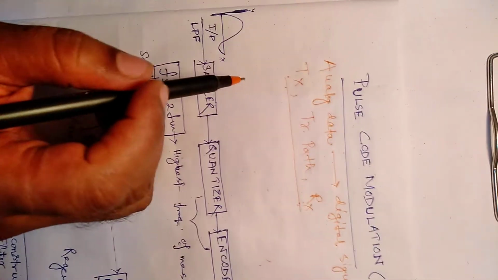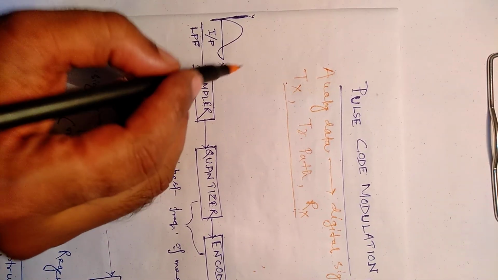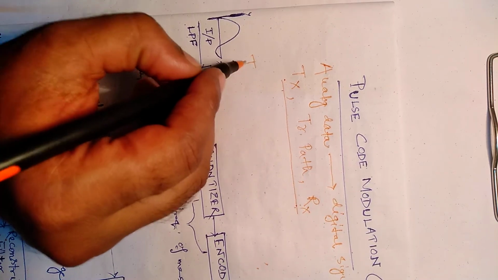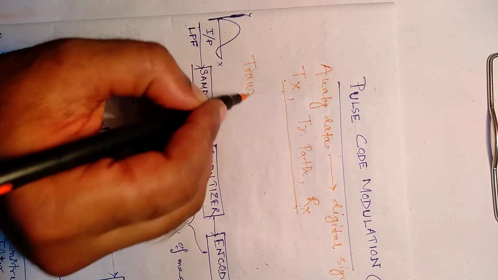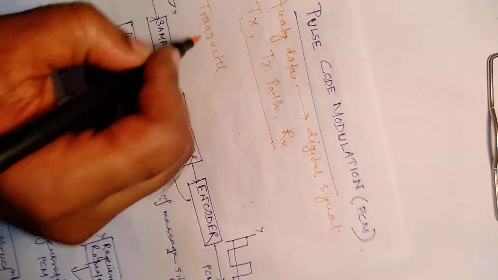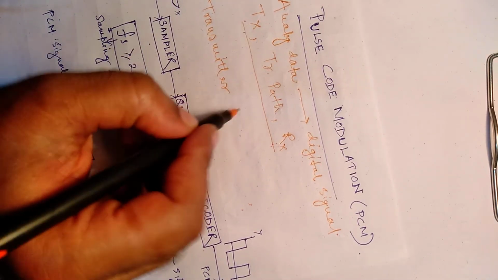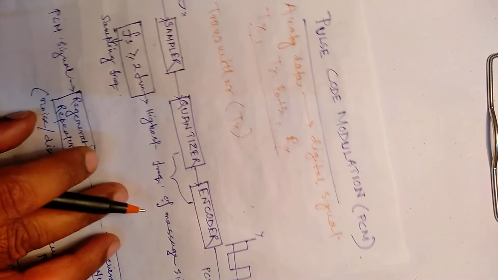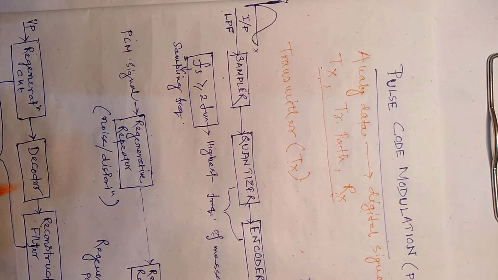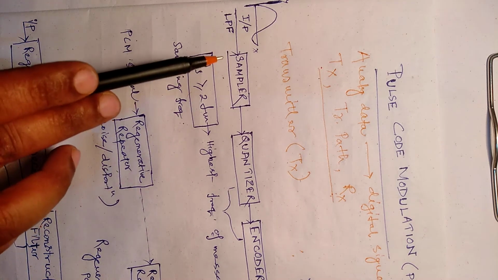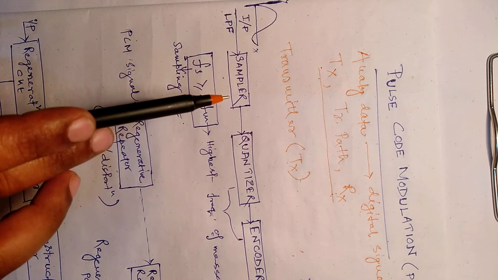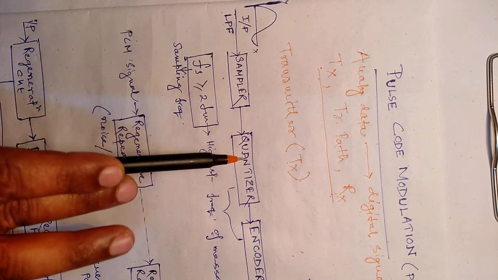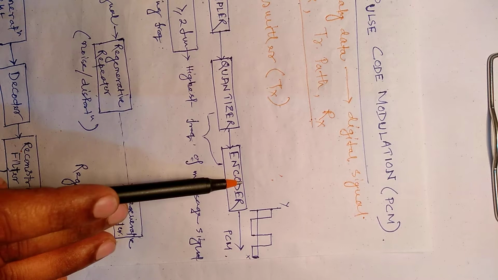So for pulse code modulation, I just draw some block diagrams here. This one is for the transmitter, denoted by TX. In this case, the main components are sampler, quantizer and encoder.